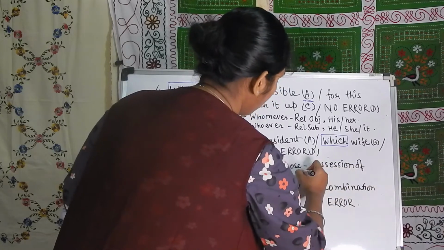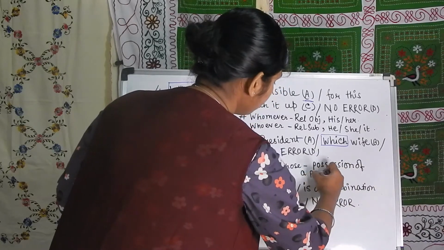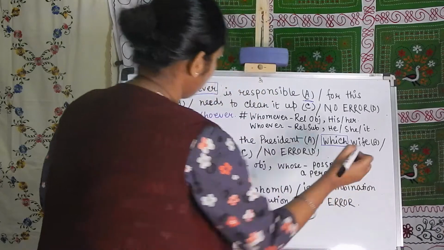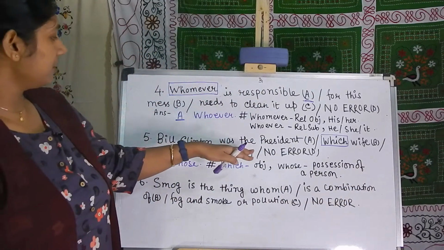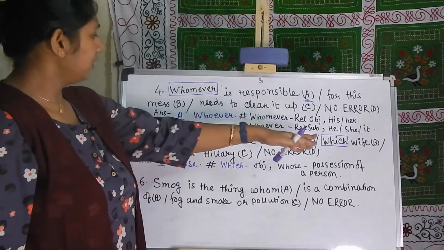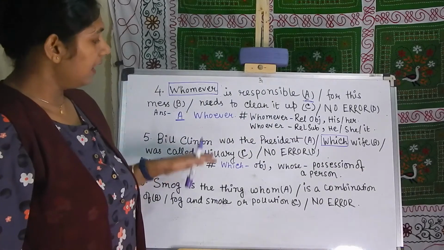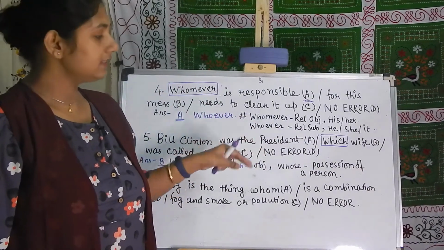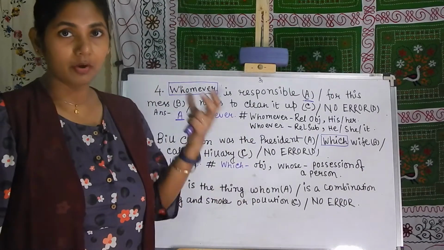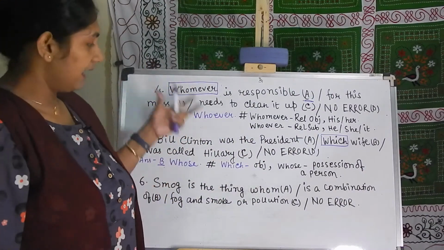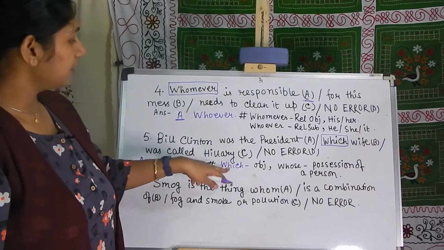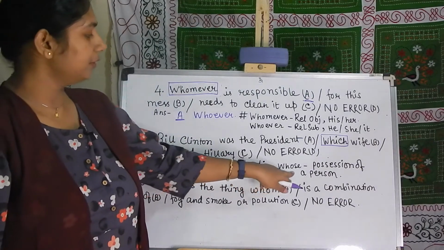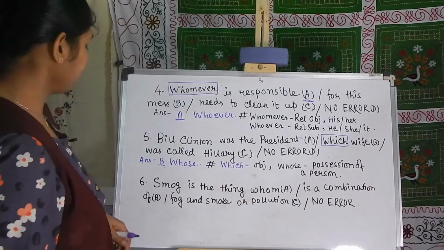Bill Clinton is actually the husband of Hillary Clinton, and she is his wife. So it's a kind of sense of possession of a person that is explained. So that's why instead of which you have to use whose.